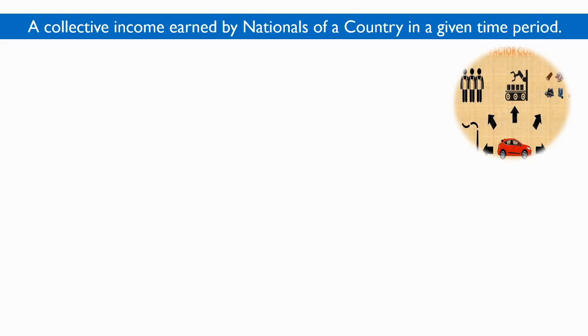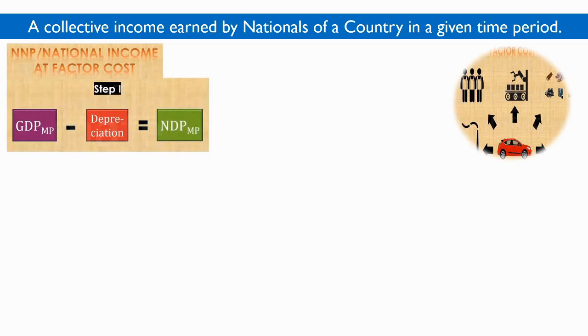To know more details about NNP, this is a collective income earned by nationals of a country in a given time period. This can be derived with the following steps. First, GDP at market price minus depreciation is considered as NDP at market price.